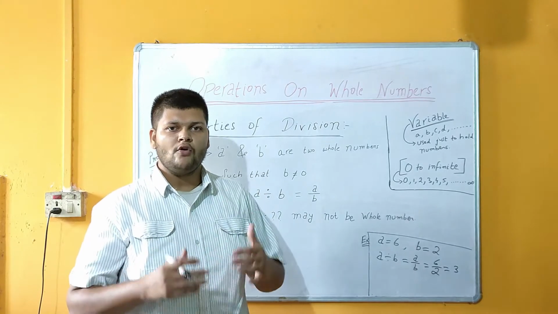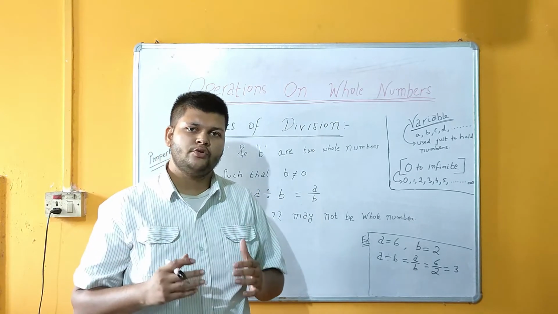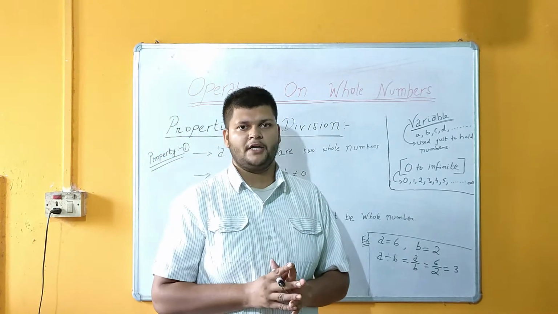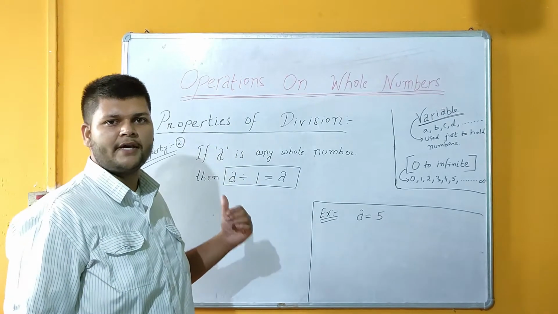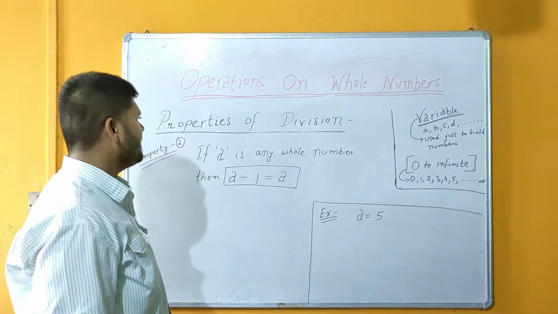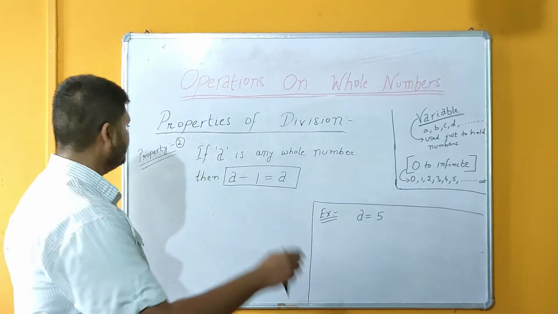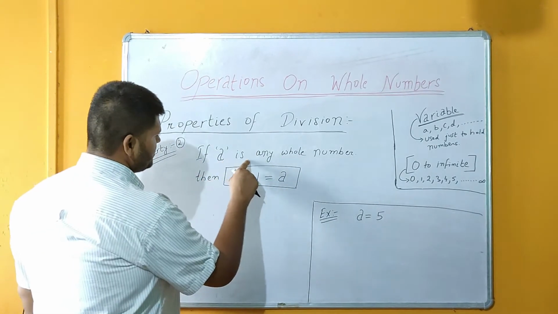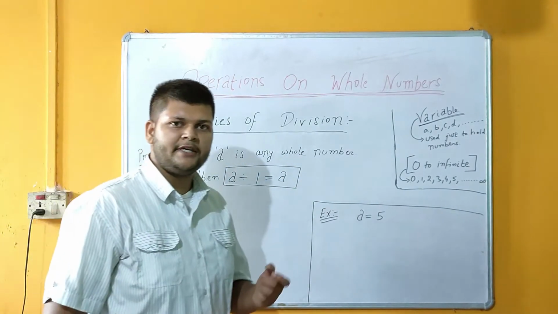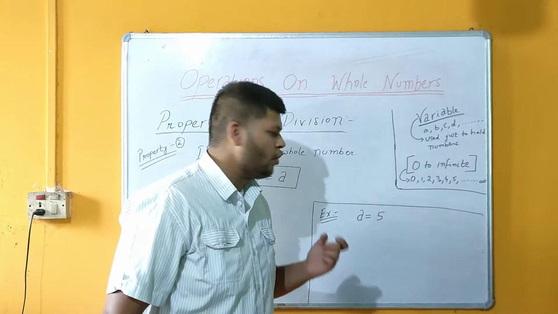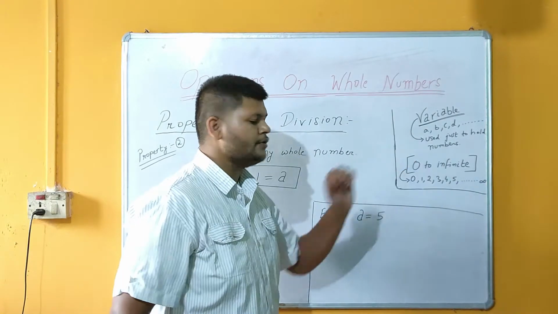So I will now proceed to property 2 in case of division operation. So I am erasing this. Alright. Now we are looking at the second property in case of division. What is that? Here if A is any whole number, A will be a variable which will hold the value from 0 to infinity.